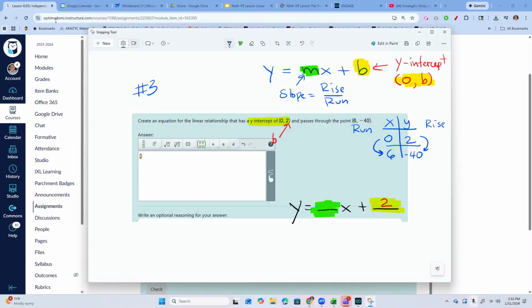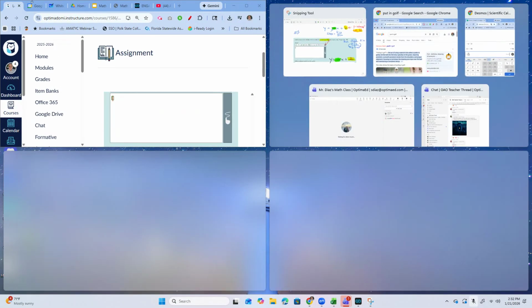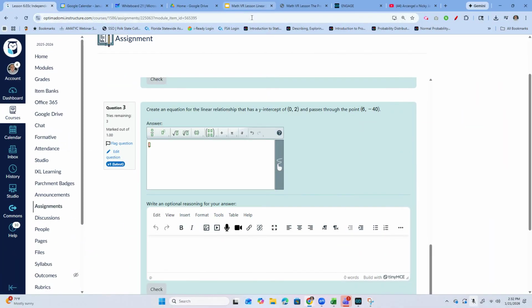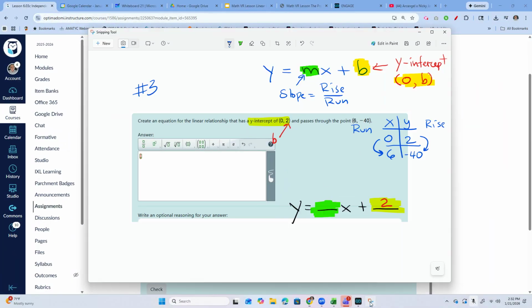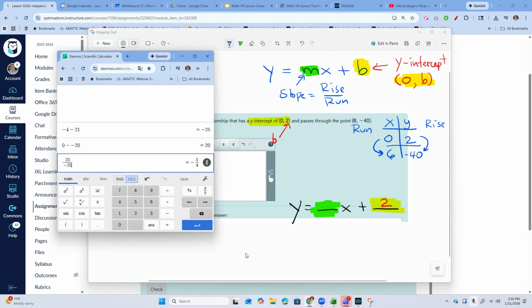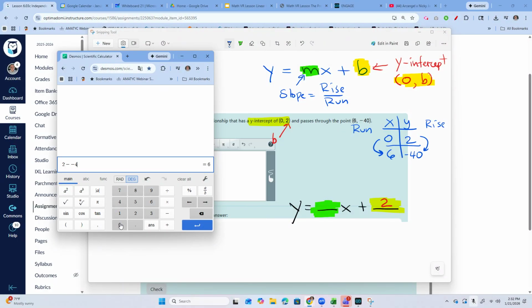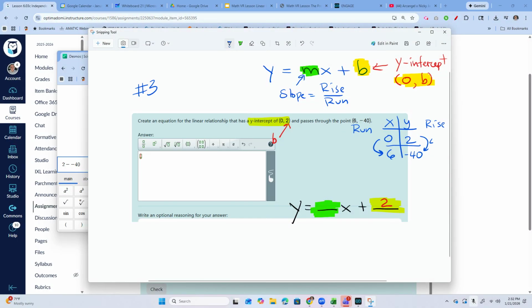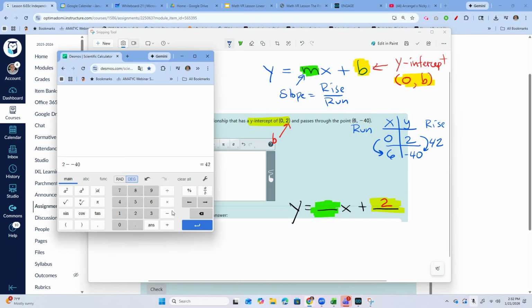Now using your calculator, use your calculator. Oops, my bad for that. Okay, use the calculator. There it is. In the calculator, you're going to subtract the y's. So 2 subtract -40. You can see I got 42 for the rise. Now I'm going to find the run. And I'm going to do 0 take away 6.